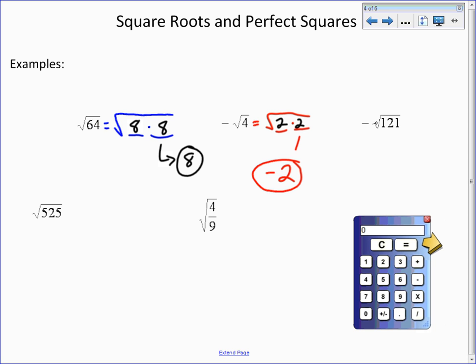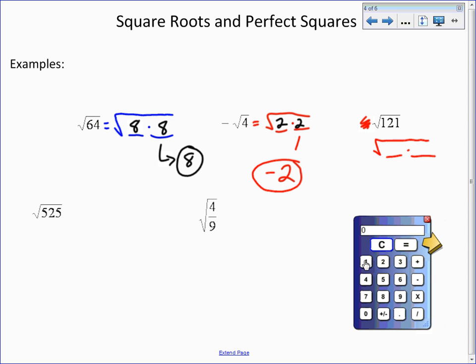Same thing here, negative square root 121. We're trying to figure out what number times itself gives us 121. So we can try something like 8. But then we remember 8 times 8 is 64, so we need something a little bit bigger. Let's try 10. If we type in 10 times 10, you'll see that it equals 100, so we're not quite there.